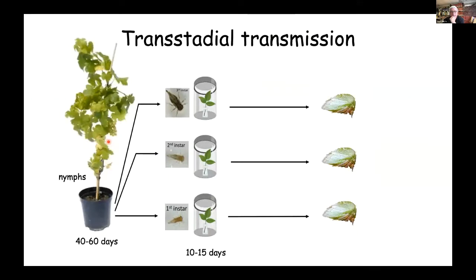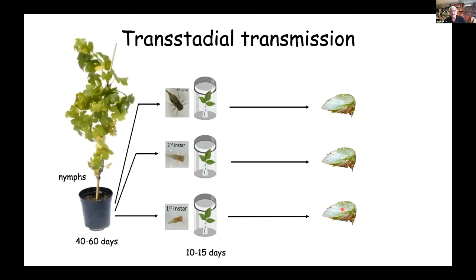So the idea was very simple. We let the alfalfa hoppers feed on an infected vine, and as soon as we noticed the first instars develop, or the second, or the third, we moved them to healthy beans. And we continued monitoring them, the first to second to third to fourth to fifth, and to adults.